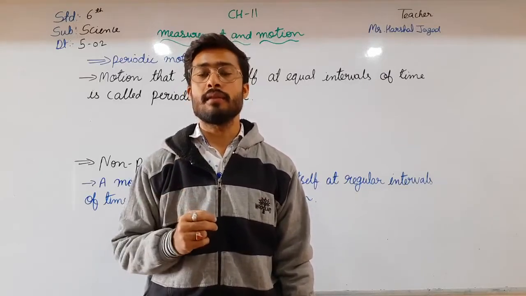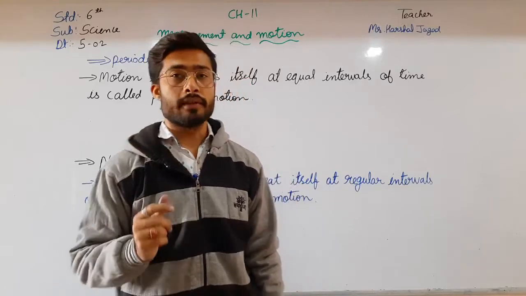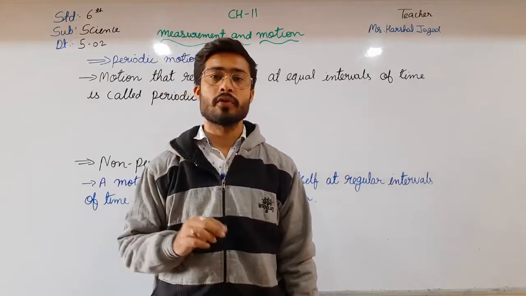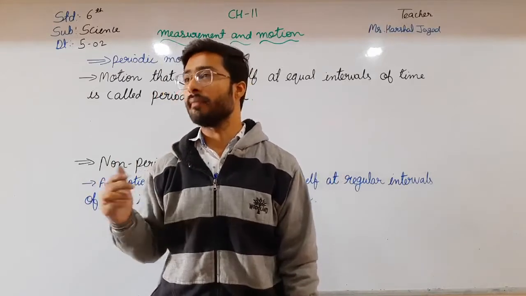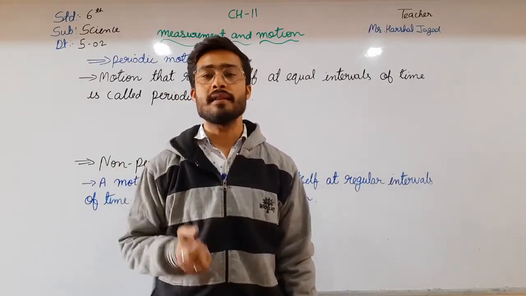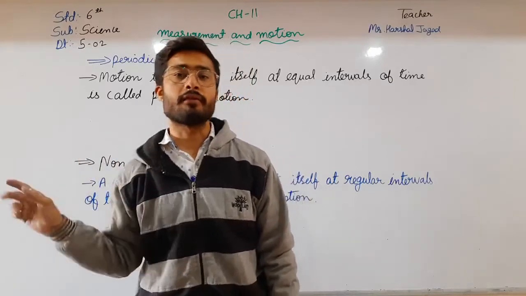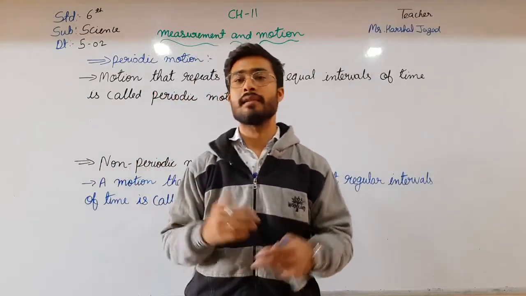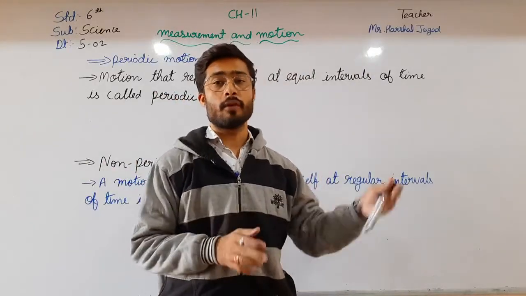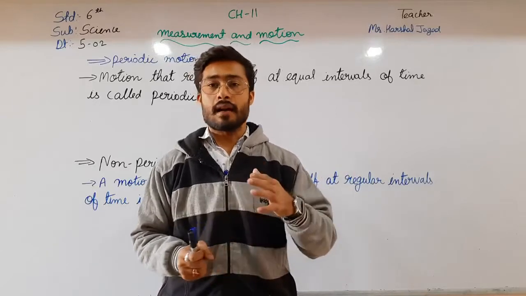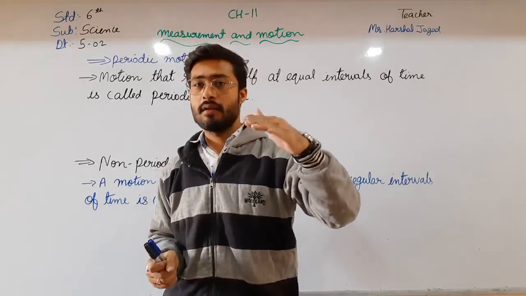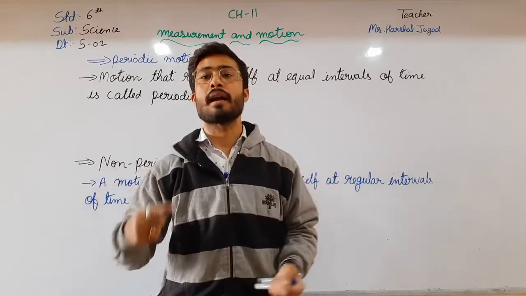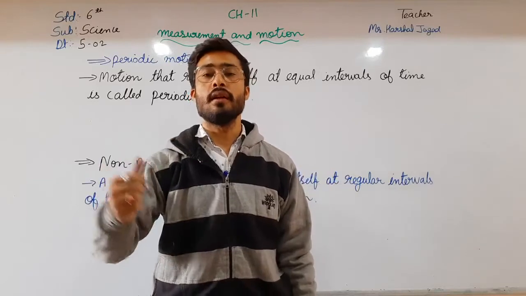In rotational motion, the object revolves on its own axis. Periodic motion repeats again and again in a cycle. Non-periodic motion doesn't repeat again and again. The car is moving in rectilinear motion, but the wheels of the car are moving in rotational motion.